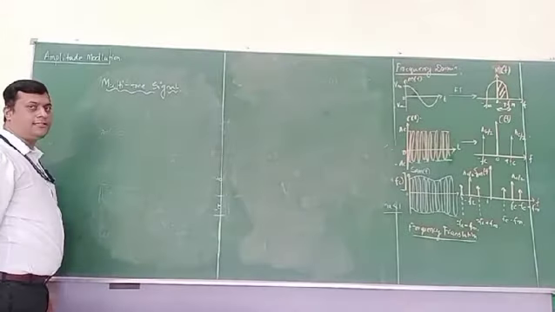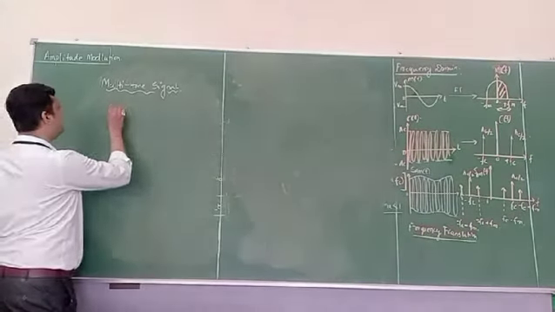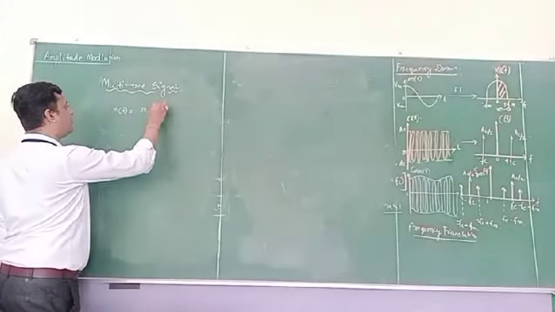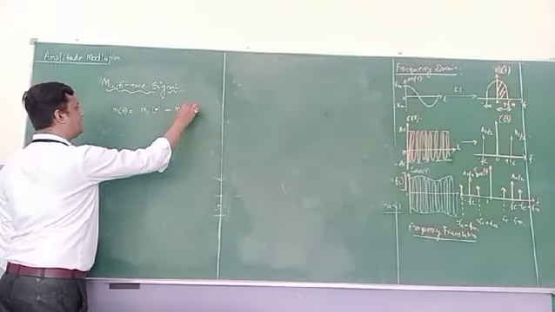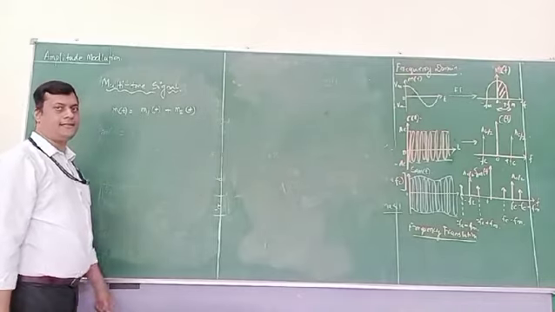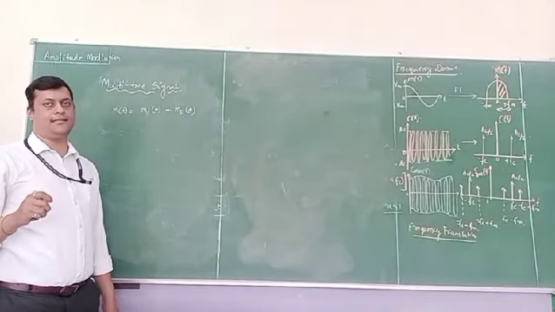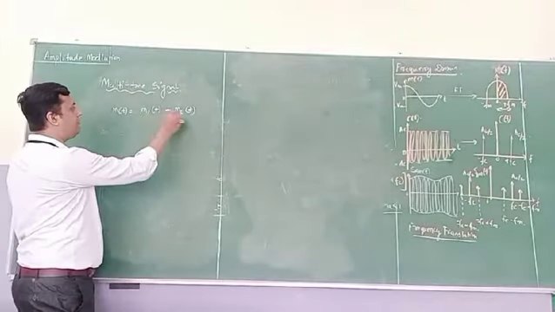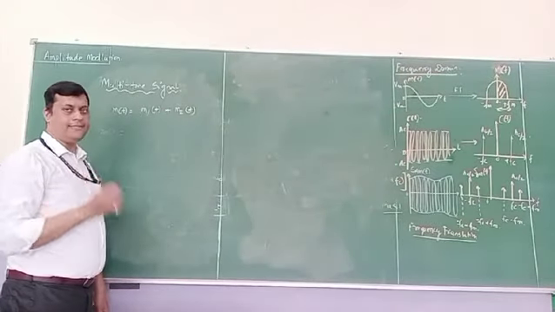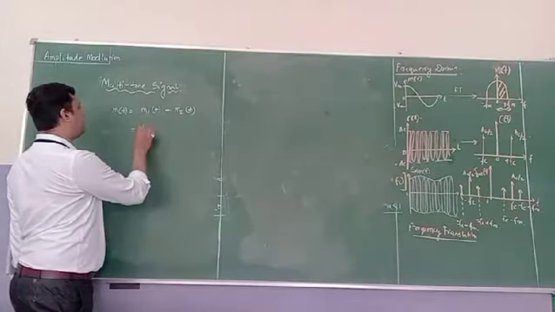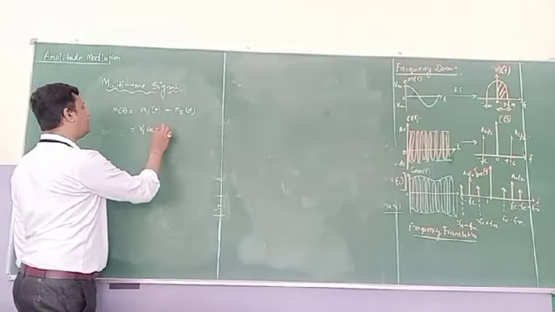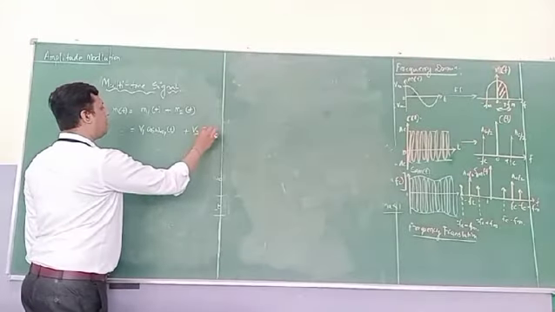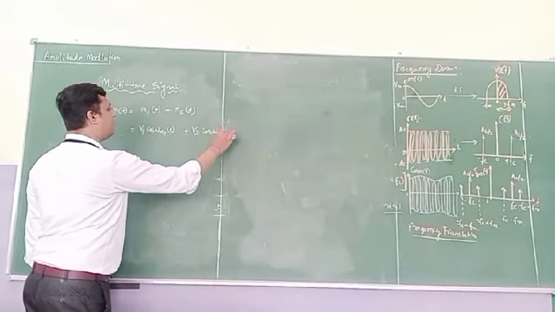Multi-tone signal means your modulating signal m(t) may have more than one modulating signal. Now let us consider there are two modulating signals combined and then modulated. So there are two different modulating frequencies available. If I expand this one: V1 cos omega_m1 t plus V2 cos omega_m2 t.